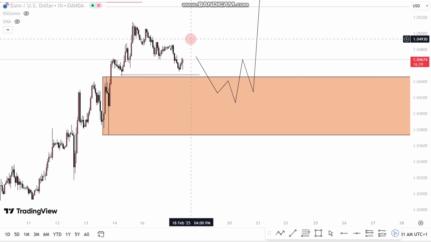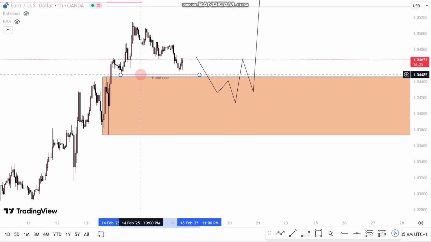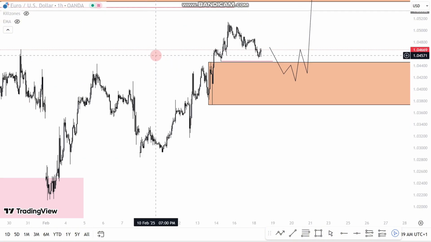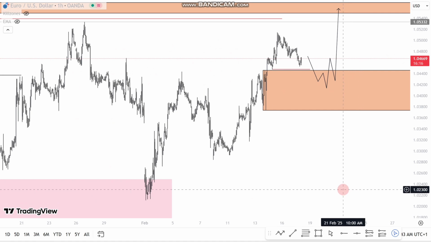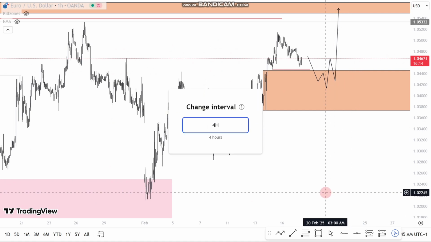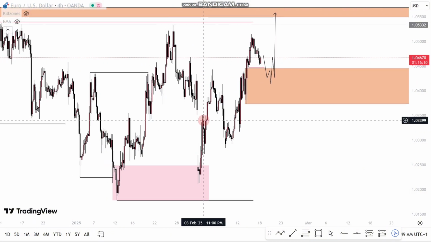So on the Euro USD, price is actually switching structure at this point. There is actually a buy I wanted to take this morning, but based on what the DXY is telling me, I'm going to be looking for sells at this point. I'm going to be looking for more sells.